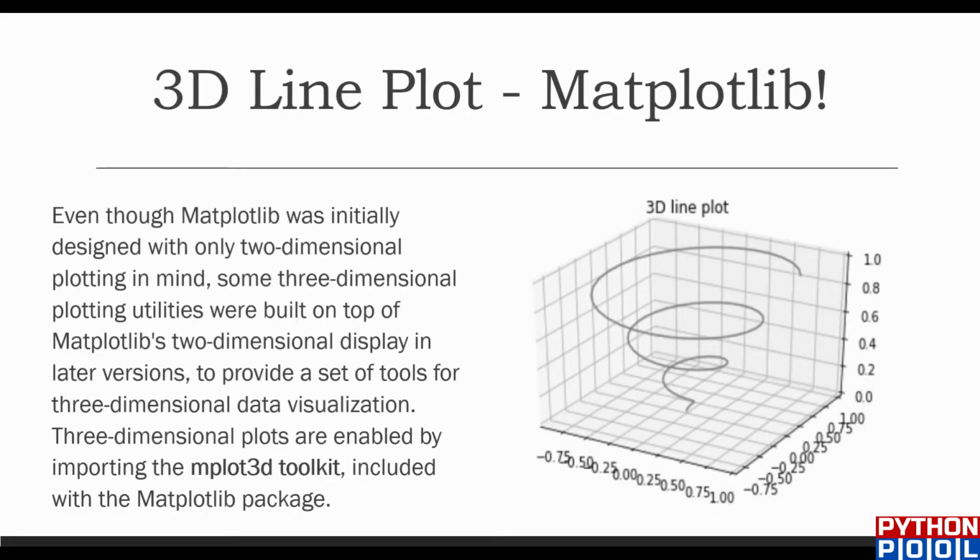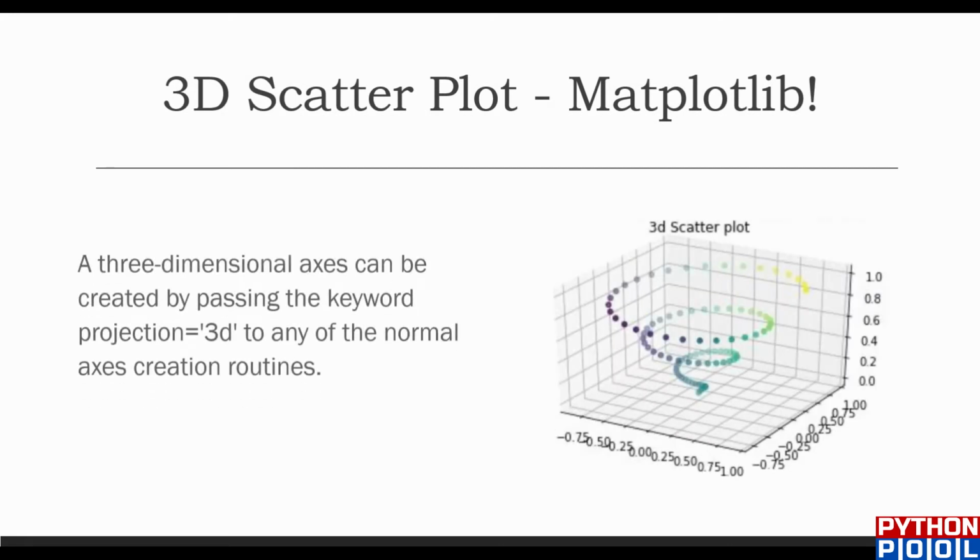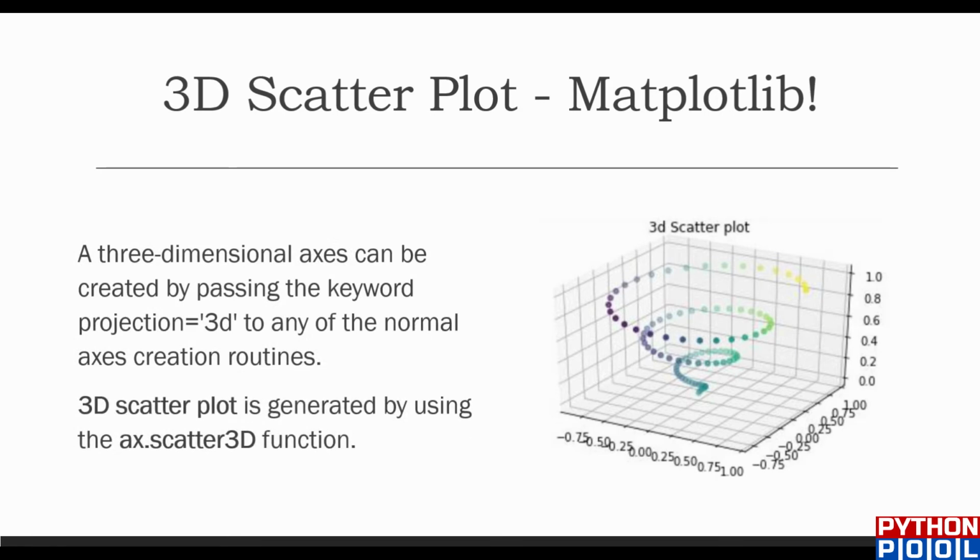Now after the 3D line plot, let's jump to another plot we see in 2D also, that is the scatter plot. A three-dimensional axis can be created by passing the keyword projection equals 3D to the normal axis.